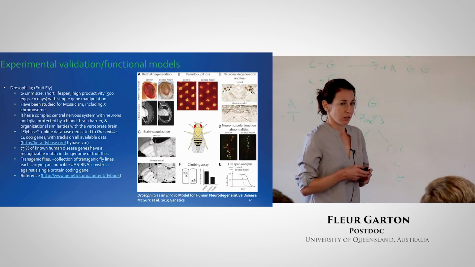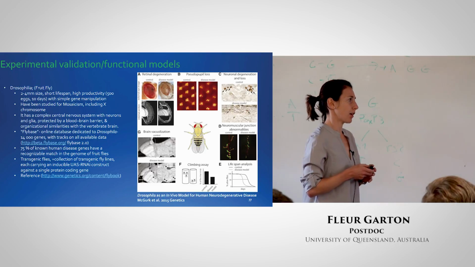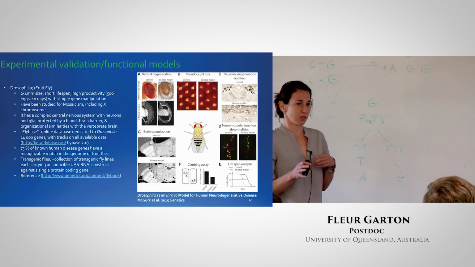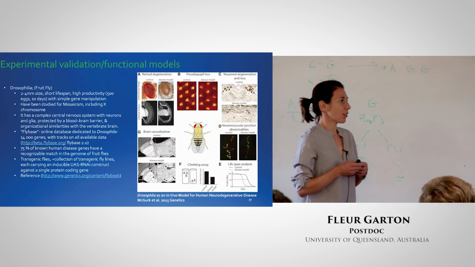What is mosaicism? So, different cells having a different genetic variant. How did the different cells get a different genetic variant?